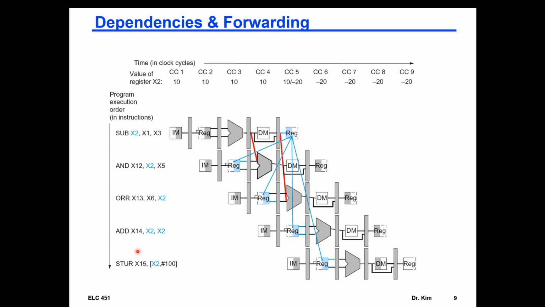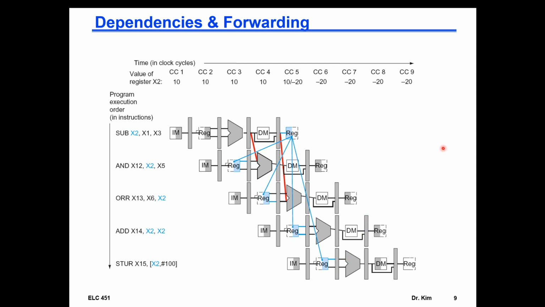And then here again, we are fetching this instruction, the store, and register 2 is a source register. So when we read that register, it is the one in the register file. So there are no problems and no need for forwarding at that point.